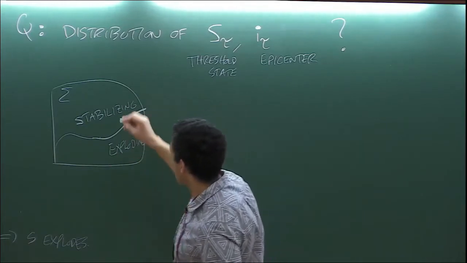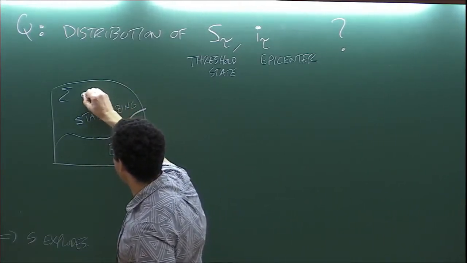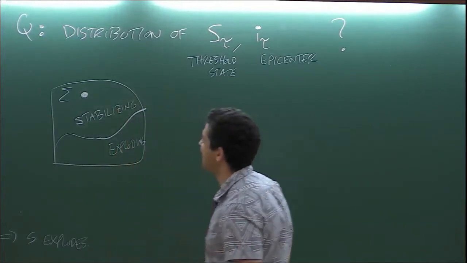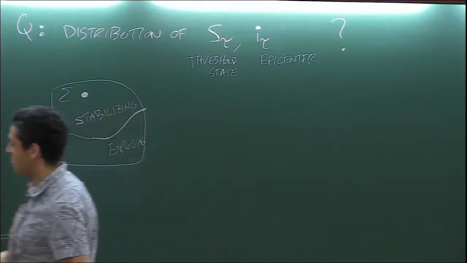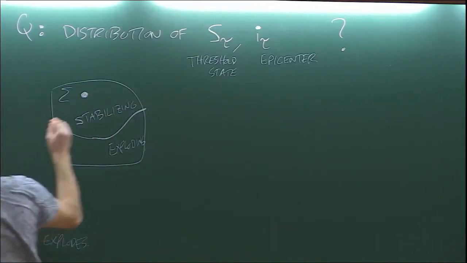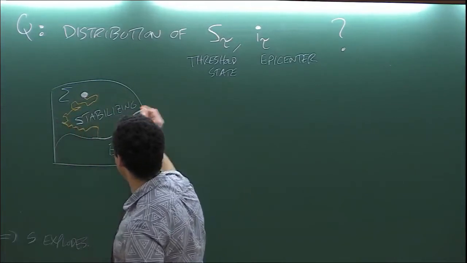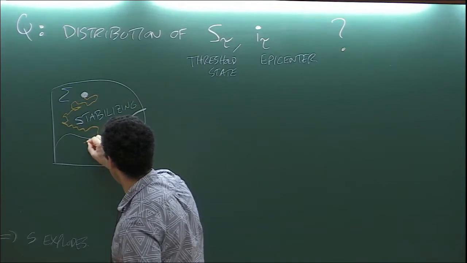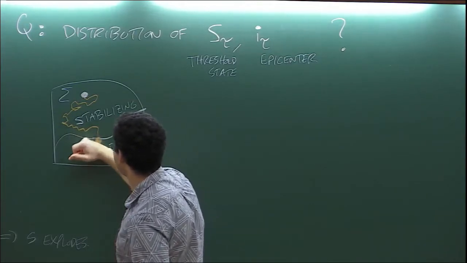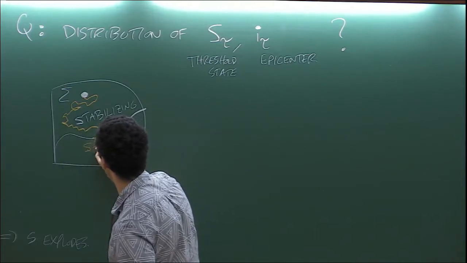And you start up here in the stabilizing part of the space, and you're doing some kind of random walk. So you move around in this big space, and eventually you hit the exploding part, and that's at time tau. So this path has a length tau, and this point is S tau.